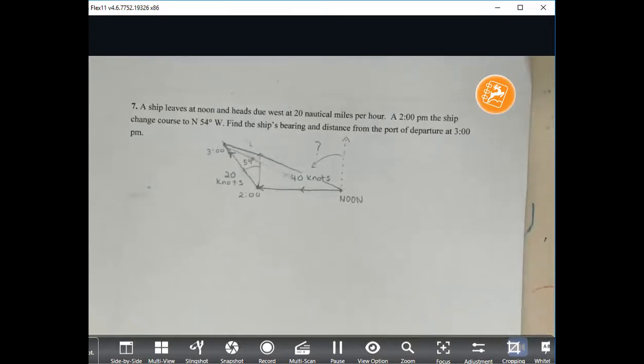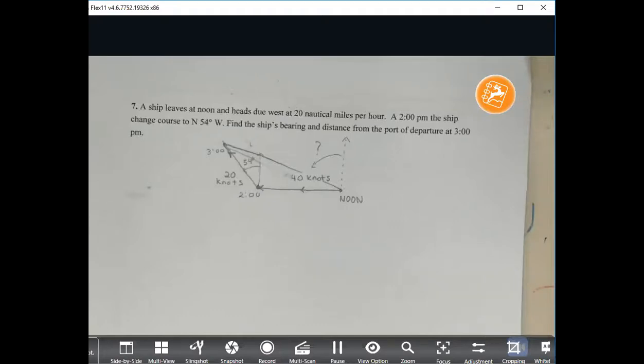Agree with my picture? How did you know how to draw the last part? How did I know how to draw the last part, which part? The 54 degrees north, 54 degrees west? The bearing that you drew.